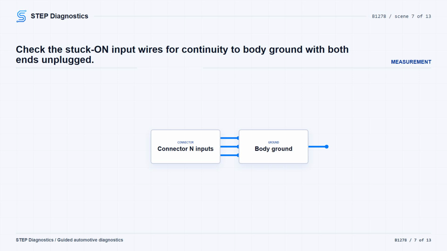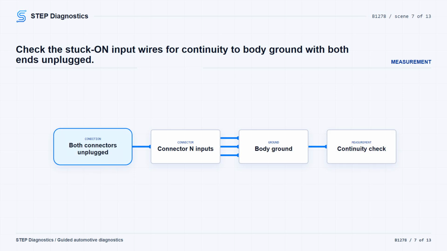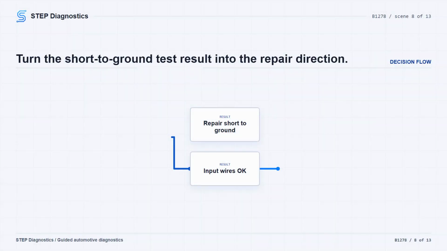With the combination light switch 12P connector disconnected and under-dash fuse/relay box connector N20P disconnected, check continuity to body ground on the listed switch input lines. Check H/L OFF SW from connector N no. 18 P and K to body ground.